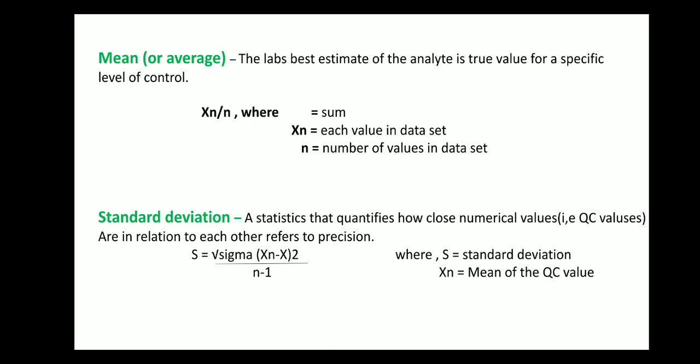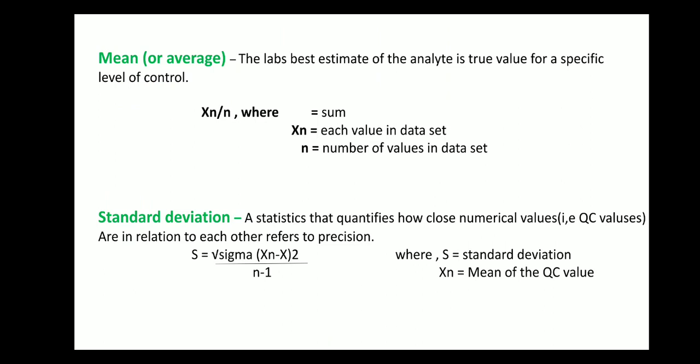Then standard deviation is there. What is standard deviation? A statistic that quantifies how close the numerical values are. Okay, suppose for glucose the QC value is 100, and after analyzing, the analyzer is showing 99. It is not deviated much.